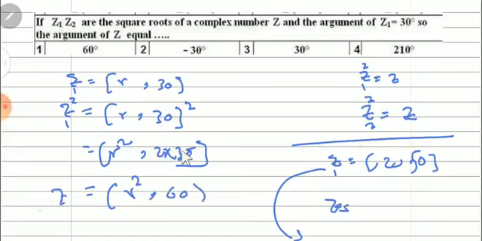This is Z. Okay, teacher, thank you. But he wanted us to find just the argument of Z, not all of Z. Okay, son, don't worry. If we find all of Z, we found the argument. So the argument here is 60. So the argument of Z is 60.